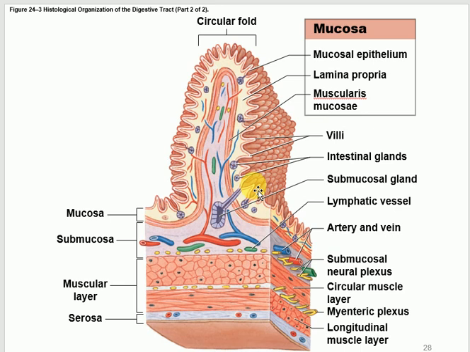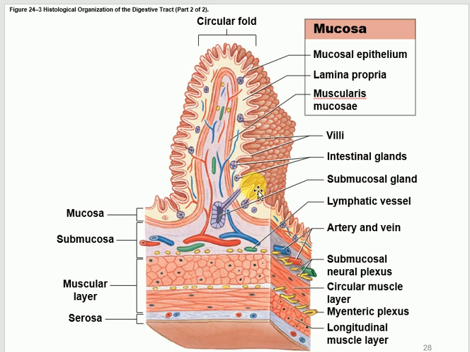Circular, because it's closer to mucosa. How about this? Longitudinal, closer to serosa. Look at this here, it looks different in the other section. Don't count on it. It is location. Closer to the inside, closer to the mucosa. But the longitudinal one is closer to the outside, closer to the serosa. Okay?